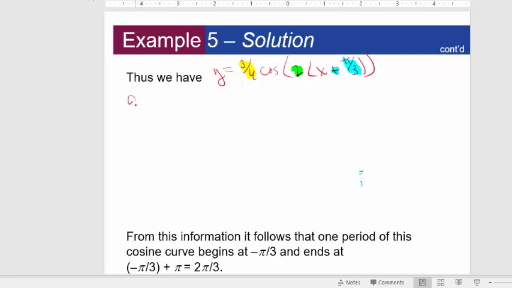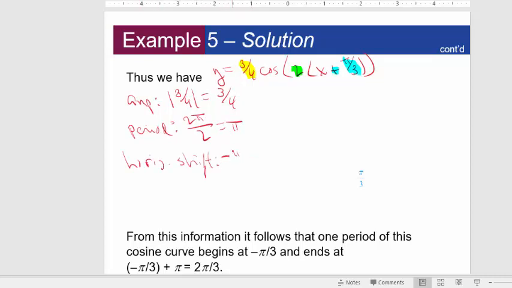So my amplitude is going to be the absolute value of 3/4, which is 3/4. My period is going to be 2 pi over 2, which is pi. And my horizontal shift is going to be negative pi over 3, which means left pi over 3 units.